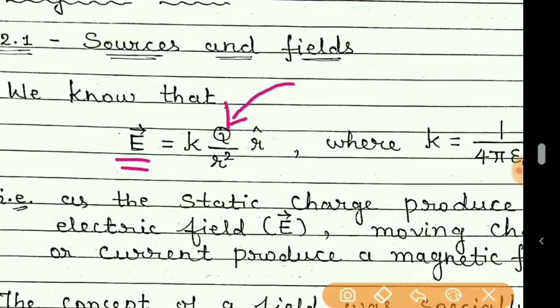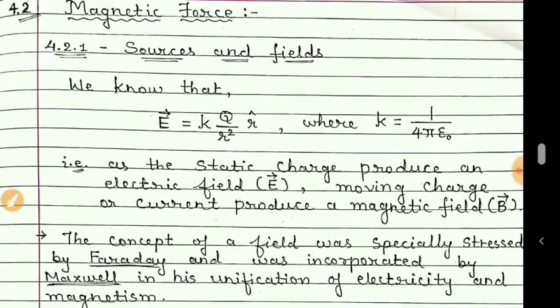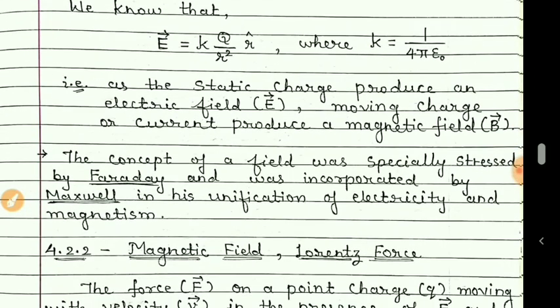Means here this stationary charge is a source, and that source produces an electric field. Similarly, if there is a magnetic field, then there must be some source producing that magnetic field.